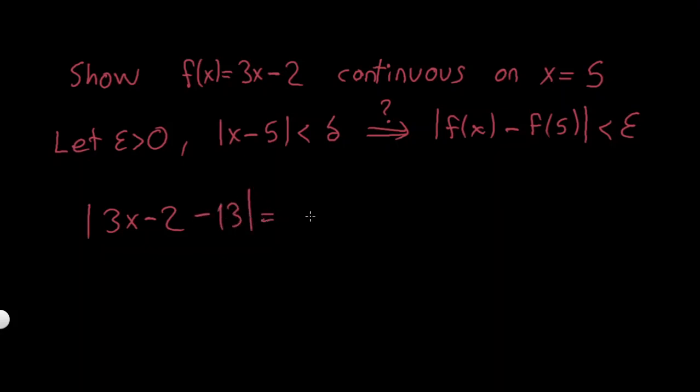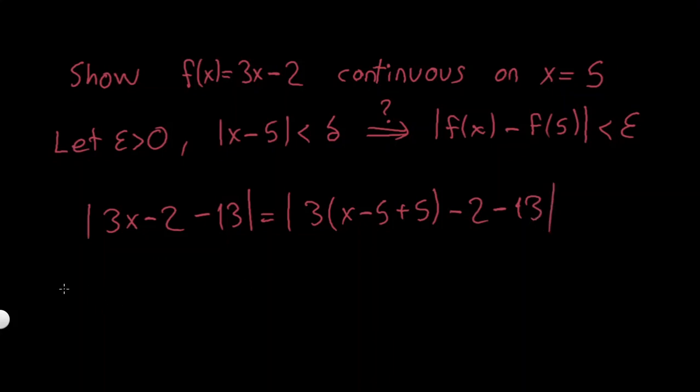So I can say this is 3x minus 15, and I can actually just take it into 3 times (x minus 5) in parentheses. Or if you didn't see that, we can always do 3 times x minus 5 here. So I'm just subtracting 5 from x, and of course I need to add it back. And I have the rest of the stuff, minus 2 minus 13.